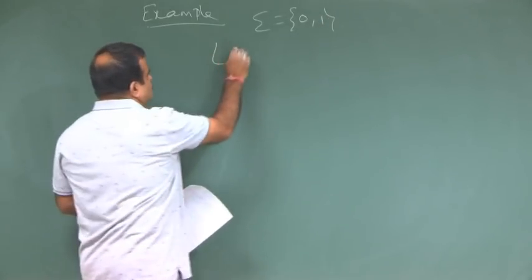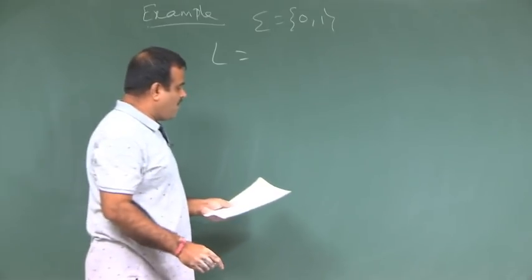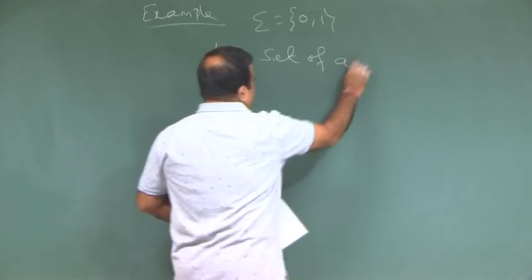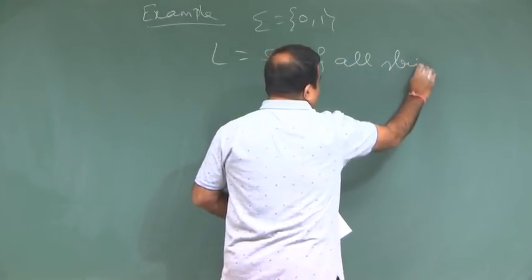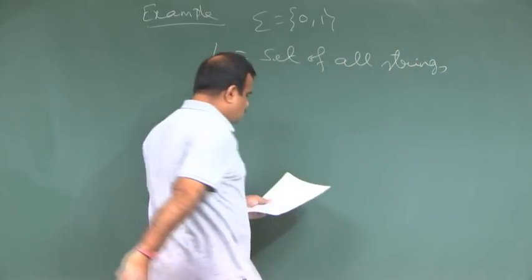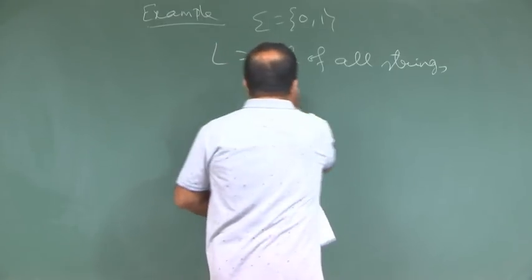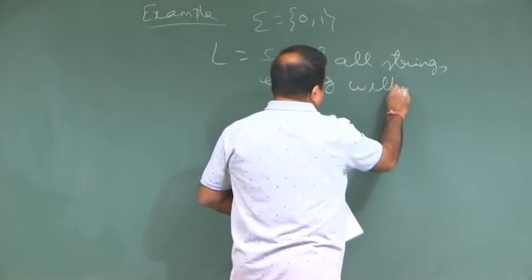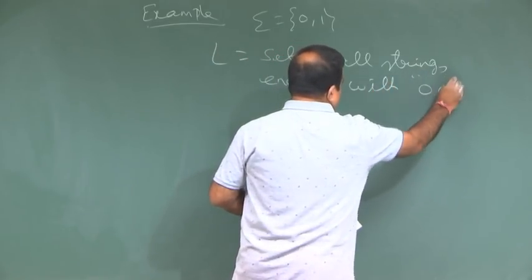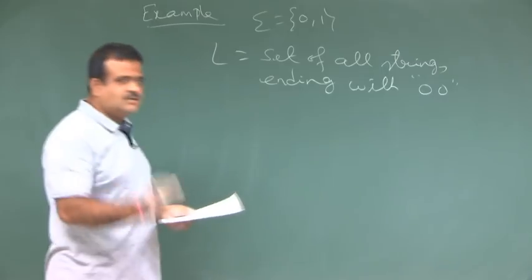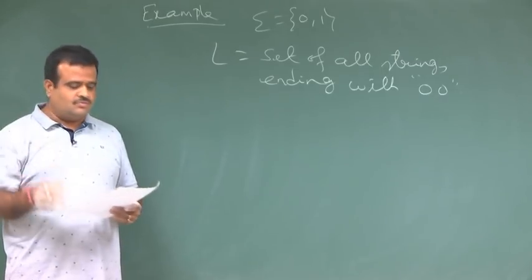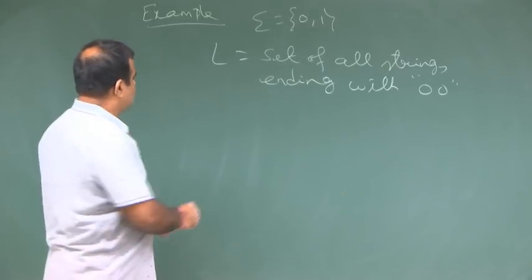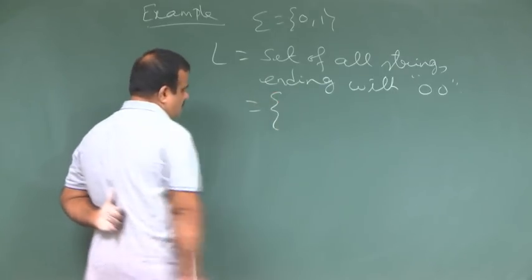Now, suppose we define a language like this: the set of all binary strings ending with 0 0, that is, the last two bits are 0 0.